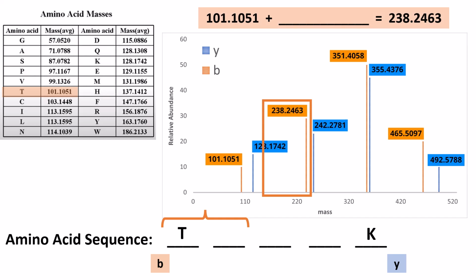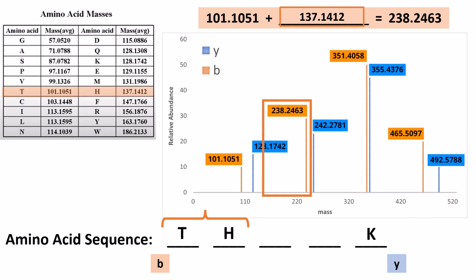If we isolate the unknown amino acid by subtracting the mass of threonine, we can determine that the mass of this amino acid is 137.1412. Looking at the amino acid mass chart, this amino acid must be histidine, or H.